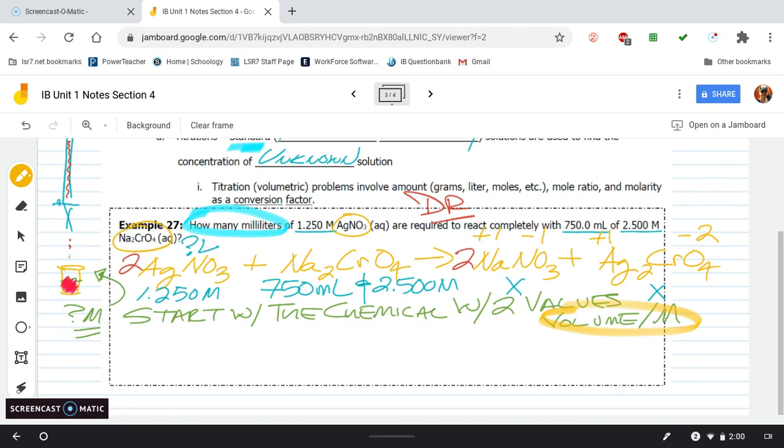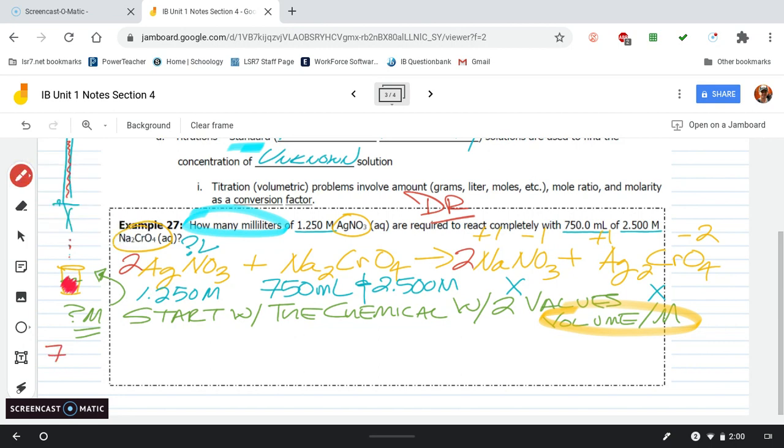So I'm going to start with the Na2CrO4 because I have 2 values. Now I'm going to start with the volume, because if I can get the volume to liters, I can get liters to moles, and then off we go. So we're going to start there. And I'm going to use a lot of space here, so I'm going to start over in this corner.